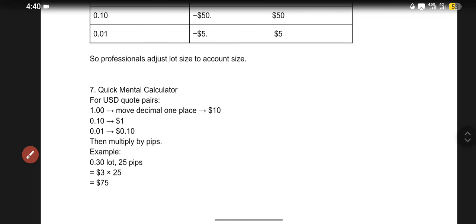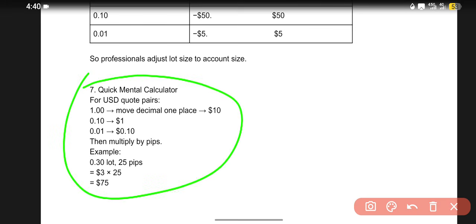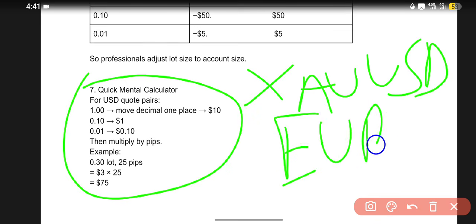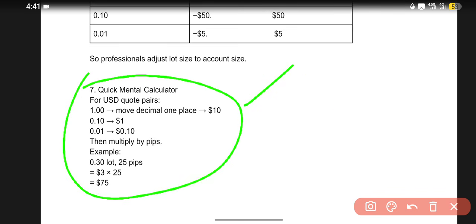Now we have a quick mental calculator here. For USD pairs, pairs that have USD in them, like XAUUSD and EURUSD and the rest, this is how we calculate for them mentally.